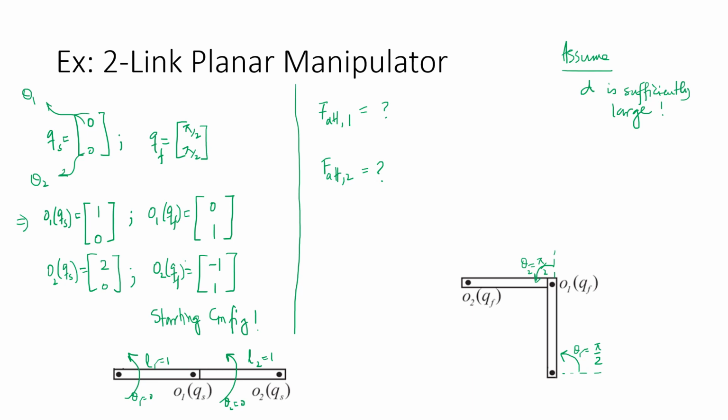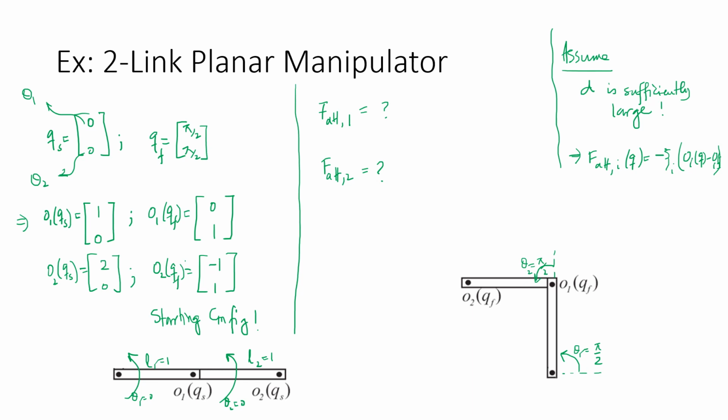So with that realization, I can obviously recall that the F attractive for the ith joint at a particular configuration is going to be something like minus zeta i, and then you have the difference between Oi at Q minus Oi at QF. Sorry, the space is quite constrained. So I'm going to use this formula to construct the expression for F attractive 1 and F attractive 2.